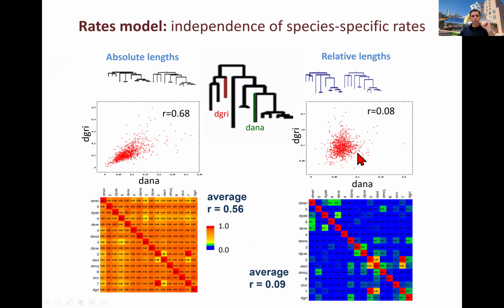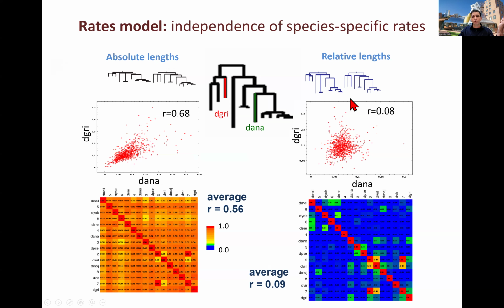So again, these are the 2 forces. On one hand, you basically have a species rate, and on the other hand, you have a gene rate. Okay? Let me put it a different way. The branch between Drosophila grimshawi and Drosophila ananassae, which actually, as you can guess, grows on ananas, like pineapple. So grimshawi and ananassae are basically correlated when you look at the absolute lengths that you measure.